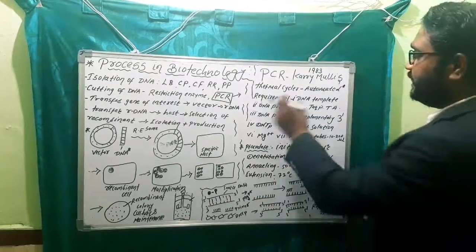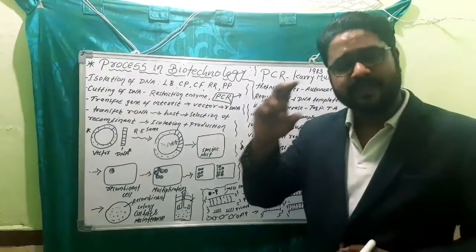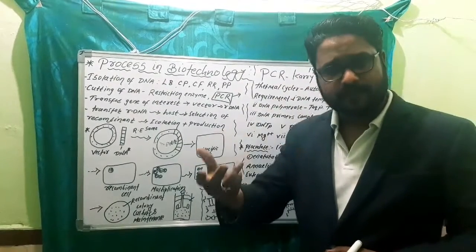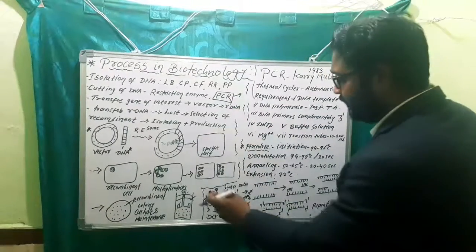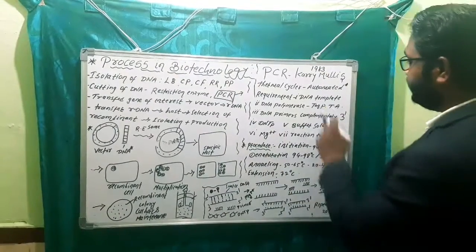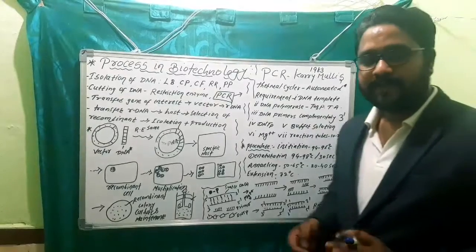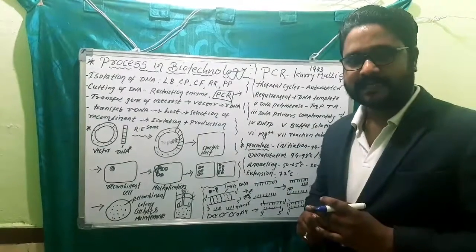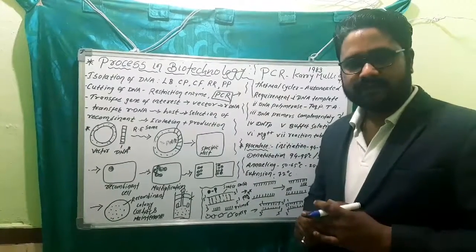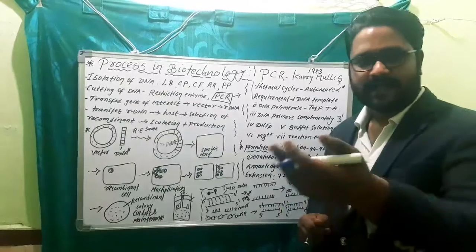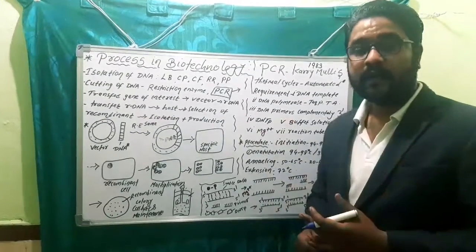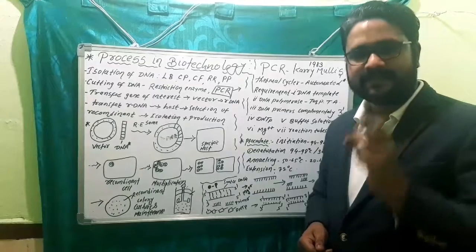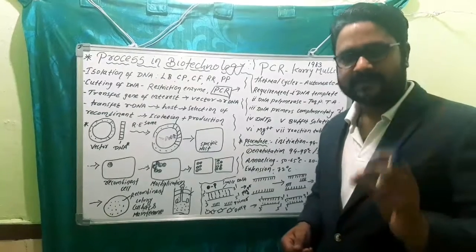Then what we need? DNA polymerase. Of course, हमको अगर DNA replicate करके नई copies बनाना है तो वहाँ पे enzyme acting is DNA polymerase. So we got the DNA polymerase. That DNA polymerase should be of heat resistant category, because generally most of the enzymes get inactivated at high temperature, about 30 to 37 or 40 degrees Celsius, they stop working. But there are certain heat resistant organisms like Thermus aquaticus.